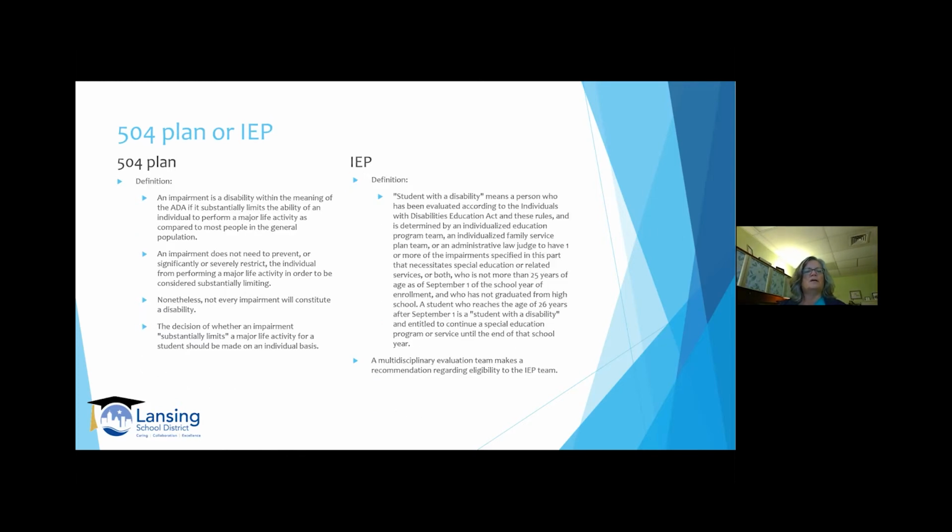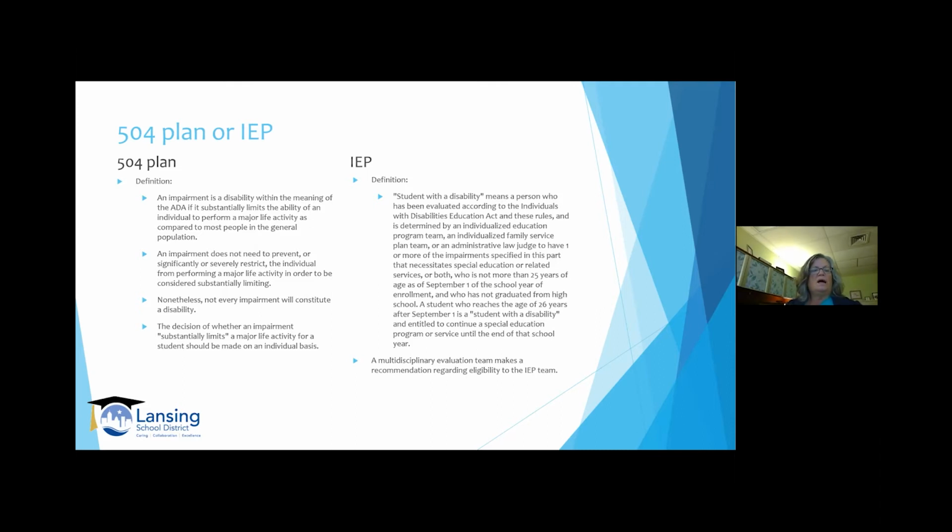Okay. So in looking at what a 504 plan is, we just talked about how students become eligible and the areas in which they can become eligible. We want to talk a little bit about what a 504 plan is and what an IEP is and the differences between the two of them.